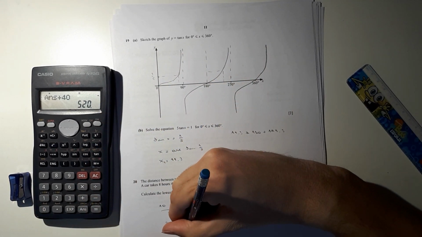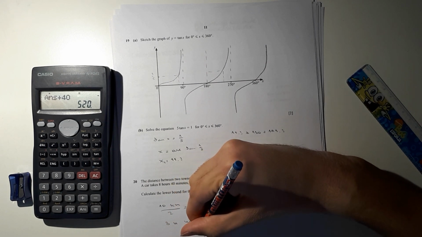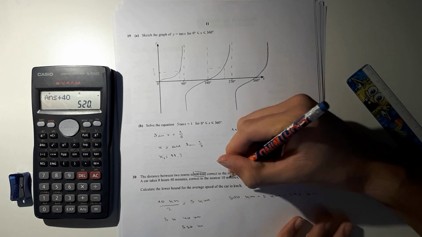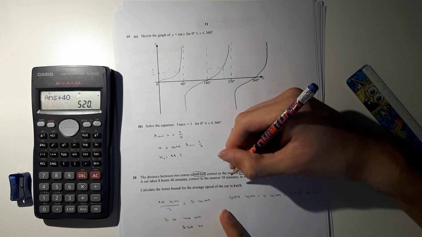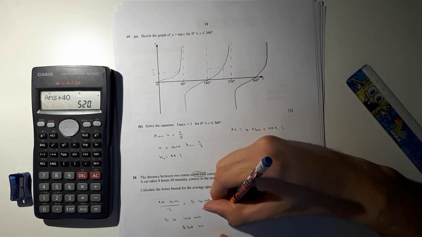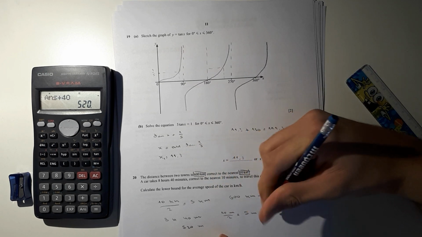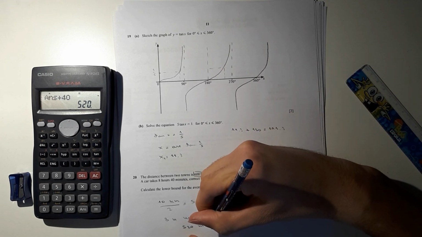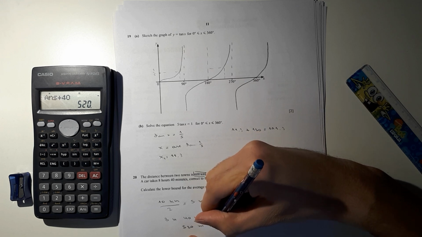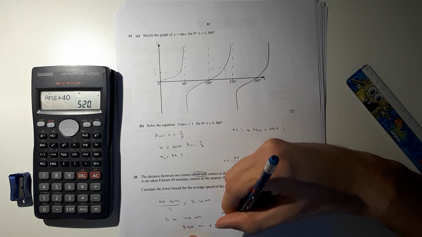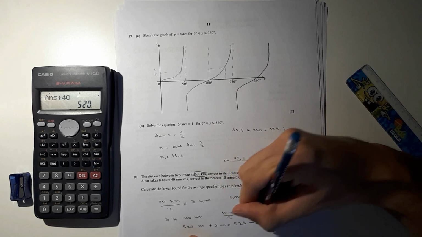We got that it is 520 minutes, and as it is correct to the 10 minutes, we're going to make 10 minutes divided by 2, which is equal to 5 minutes. And now 520 plus 5 minutes is 525 minutes.